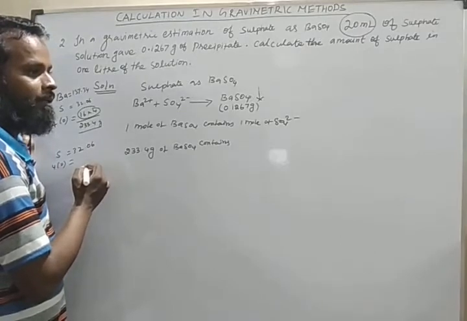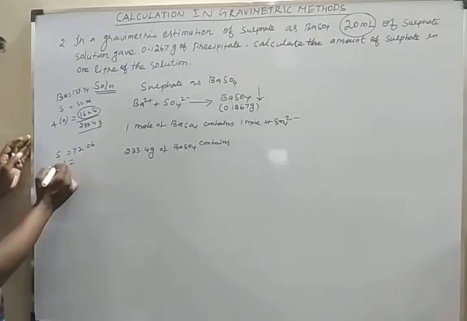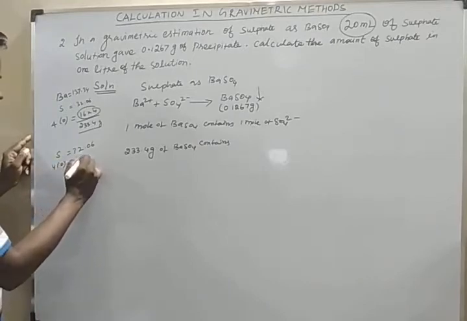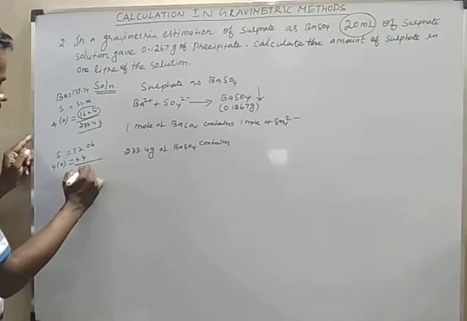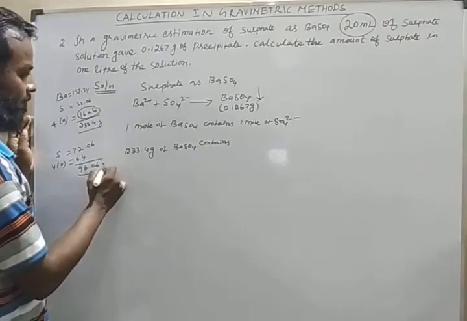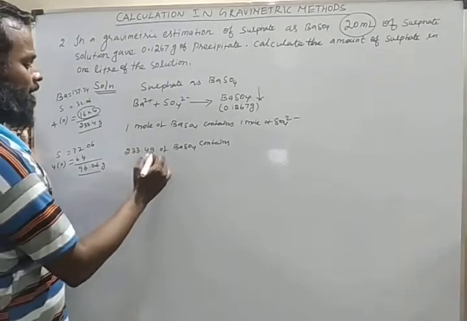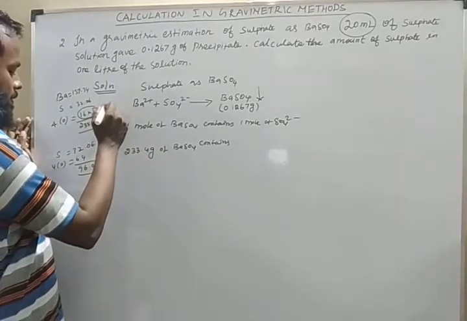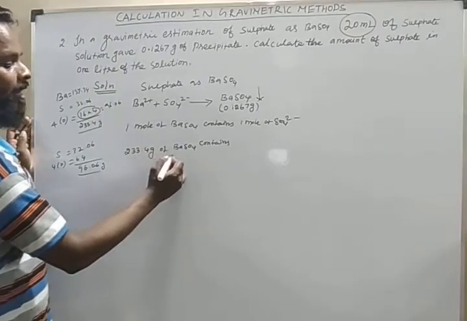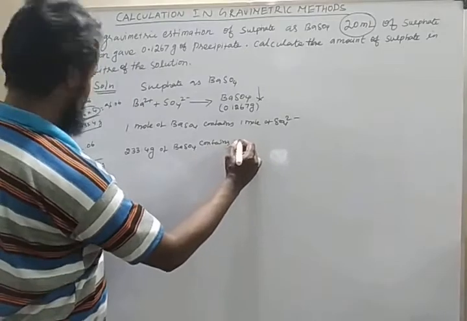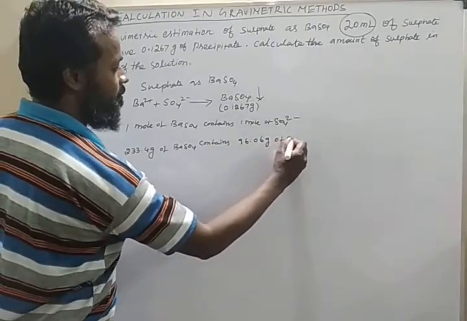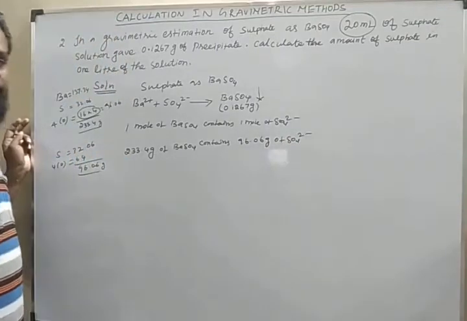That is equal to 4 into 16, 32, and 64, you get 96.06 gram of sulfate. So 233.4 gram of barium sulfate contains 96.06 gram of sulfate. We know.